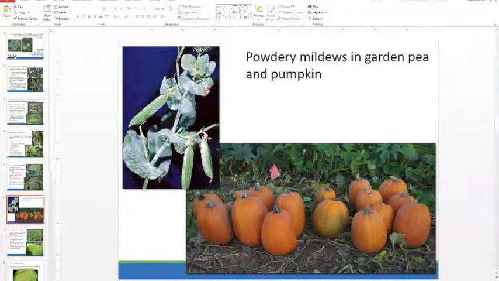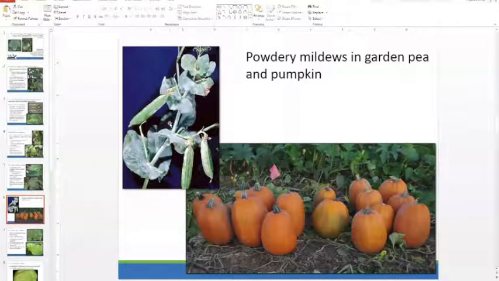I also show a picture of powdery mildew on peas here. The picture of powdery mildew on peas is to remind me to mention to you all that powdery mildews can occur on many different crops, but they're caused by different species of fungi. In some cases, these species are even located in different genera.